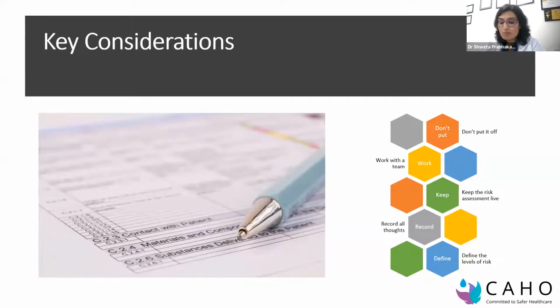You should make a plan to identify the risks related to the specific equipment, prioritize the risk levels for that particular equipment, and continue if the risk is not being treated effectively. So don't put off the risk assessment, try to continue that.